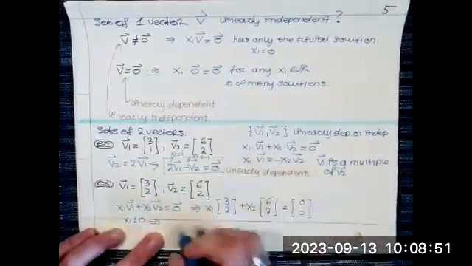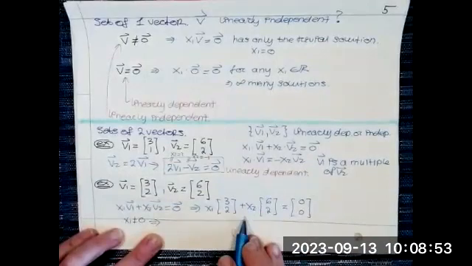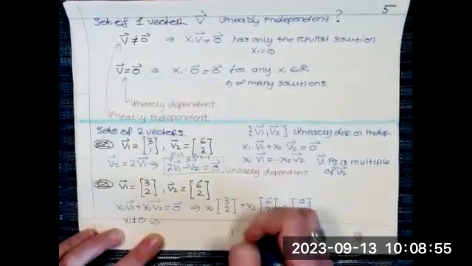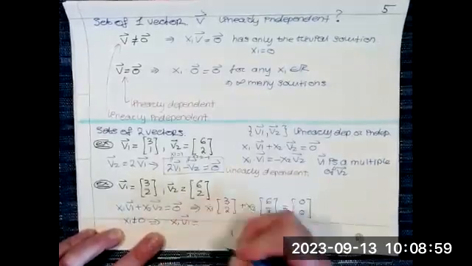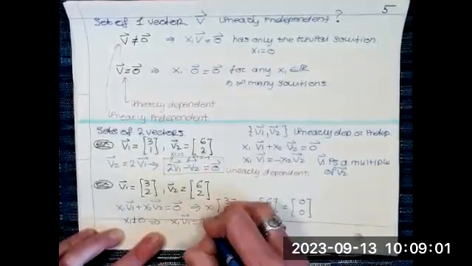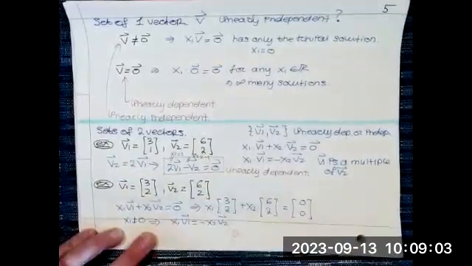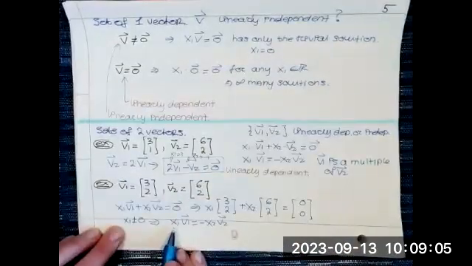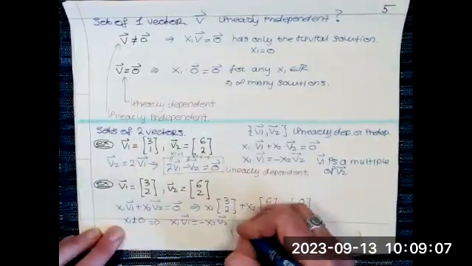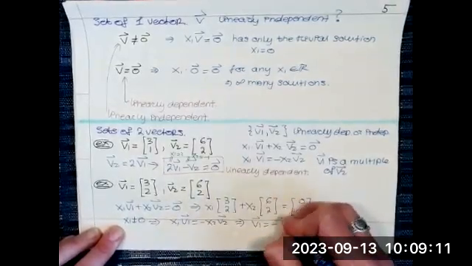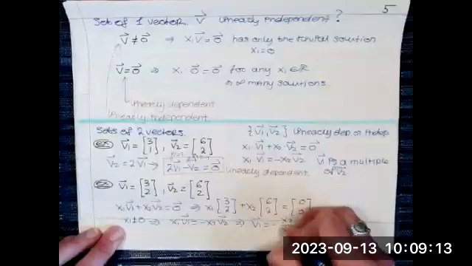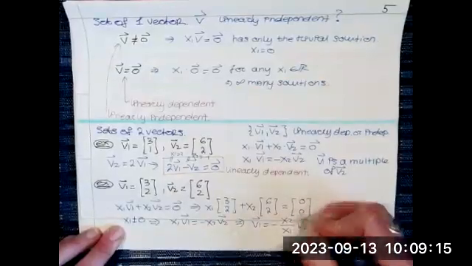Then I can put this term on the right-hand side of the equation. So I would have x1 times v1 equals minus x2 times v2. And for non-zero x1, I can divide by x1. So then I will have v1 equals minus x2 divided by x1 times v2.